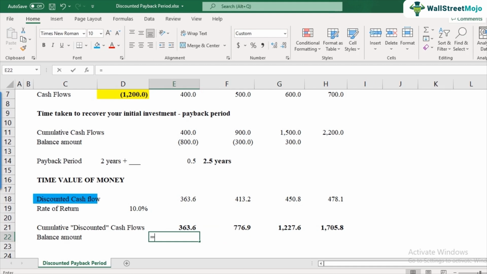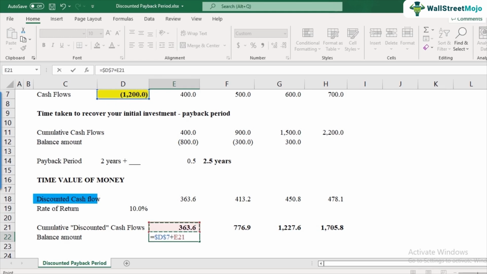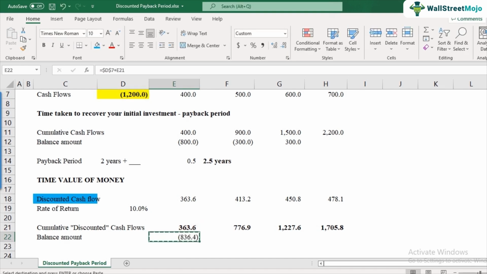Now, what's the balance amount? Let's calculate that too. Okay, so initial investment is $1,200 and we only recover 363.6. So the balance is 836.4. Okay, so I keep on doing it, and what we note is that again this number becomes positive between year 2 and year 3.